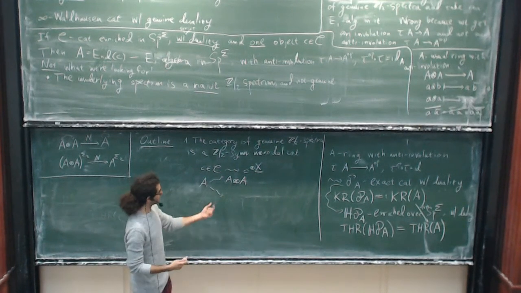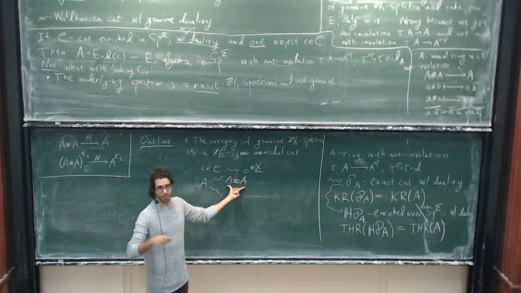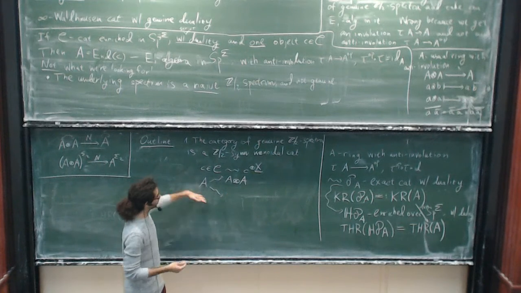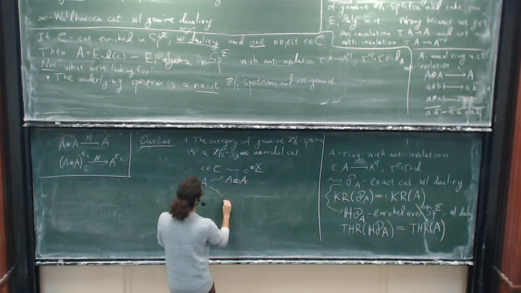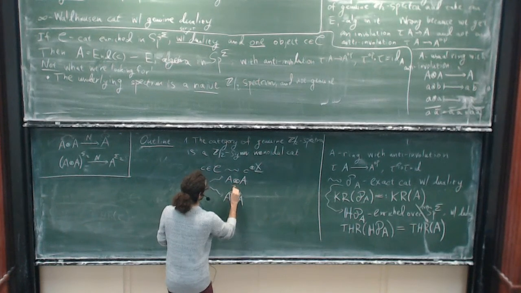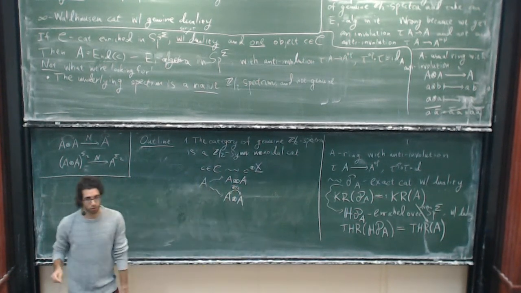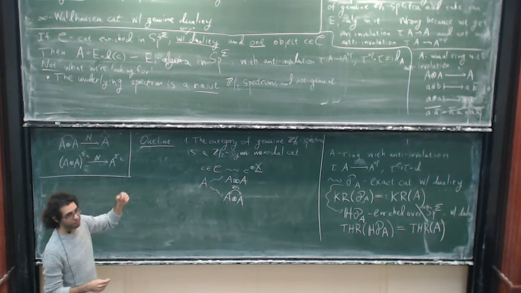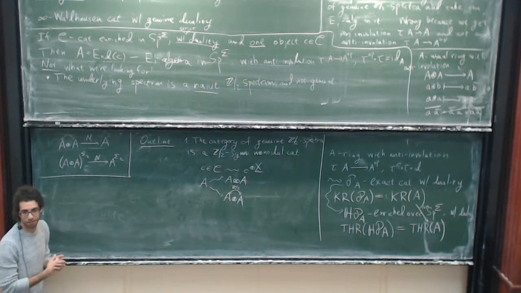What does this correspond to? It corresponds to taking A to the tensor power of a set of cardinality 2 with trivial G action. But I can produce from it a different thing. I can produce from it A tensor A with the switch action. This corresponds to taking A to the tensor power of Z/2 itself as a Z/2 set.